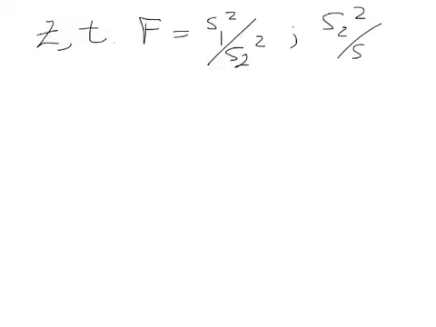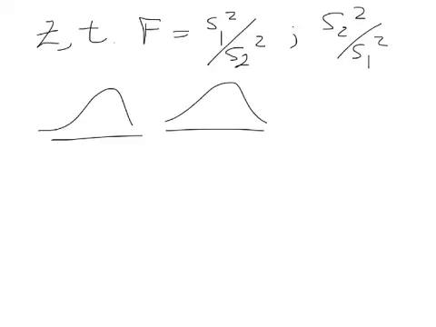The F distribution, as I mentioned, is formed from the ratio of two sample variances, S1 squared over S2 squared, or it could be S2 squared over S1 squared. It's just the ratio of those two. So every time we generate two samples from the respective populations, so here we have mu1, mu2, we're interested in the difference between those, the unknown standard deviations, sigma 1, sigma 2.